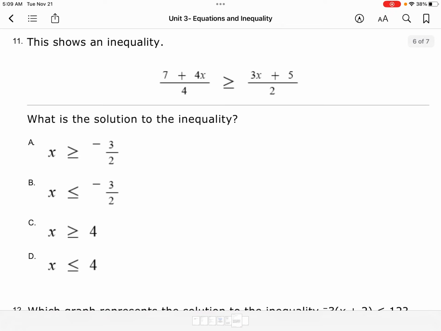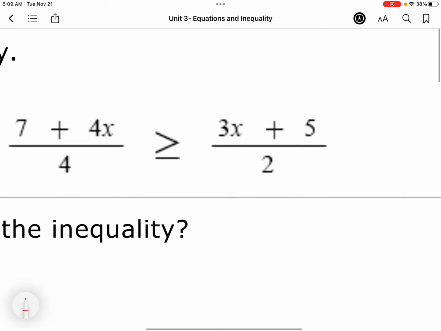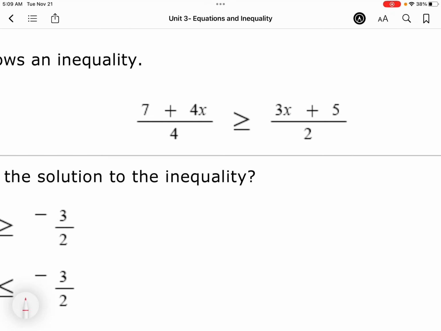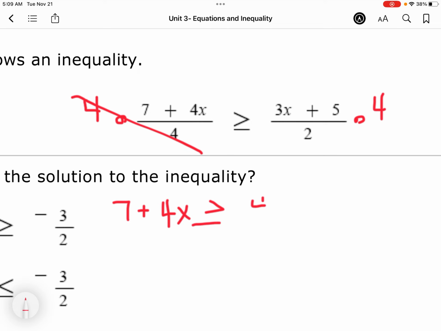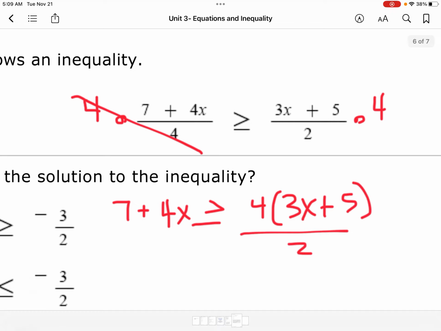Alright, when I have problems like this, I have to clear the denominator. So if I divide by 4, the first thing I'm going to do is multiply by 4. So I end up with 7 plus 4x is greater than or equal to... then I'm going to do the same thing on the other side.